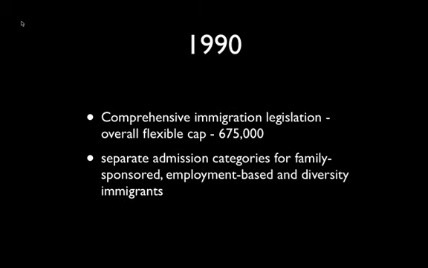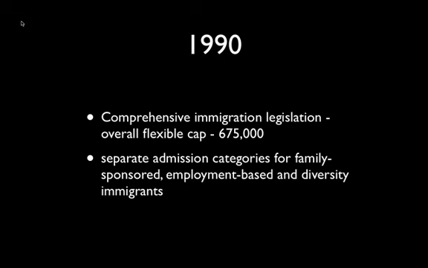And then in 1990, we had some comprehensive legislation that was passed that moved our overall cap to 675,000. So in 1995, 675,000 people were admitted, and that was the status quo for a while.